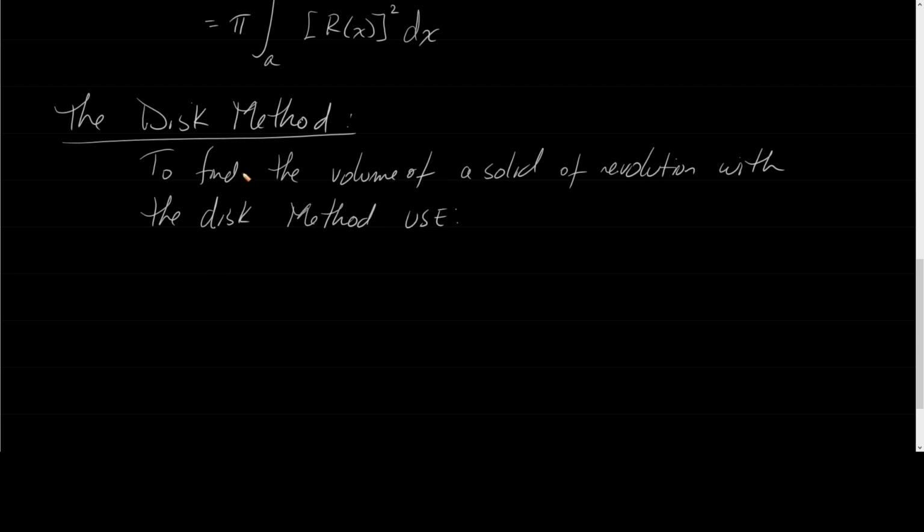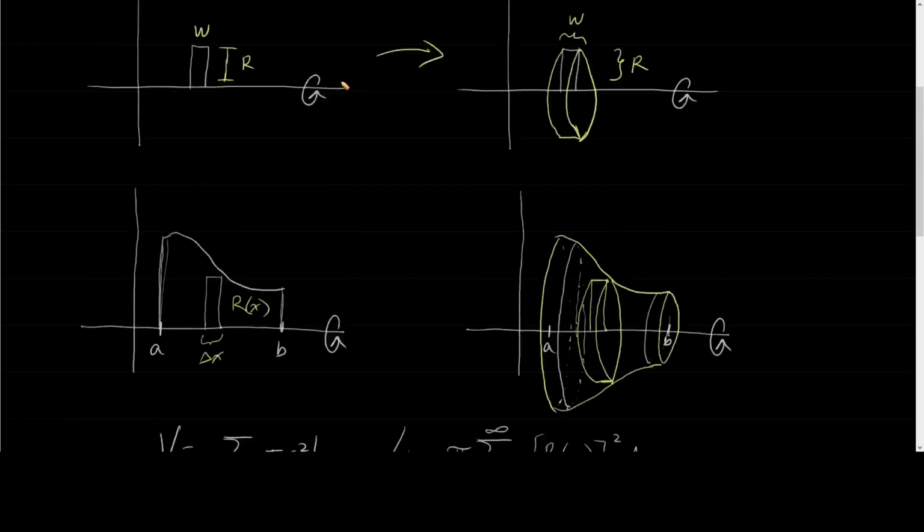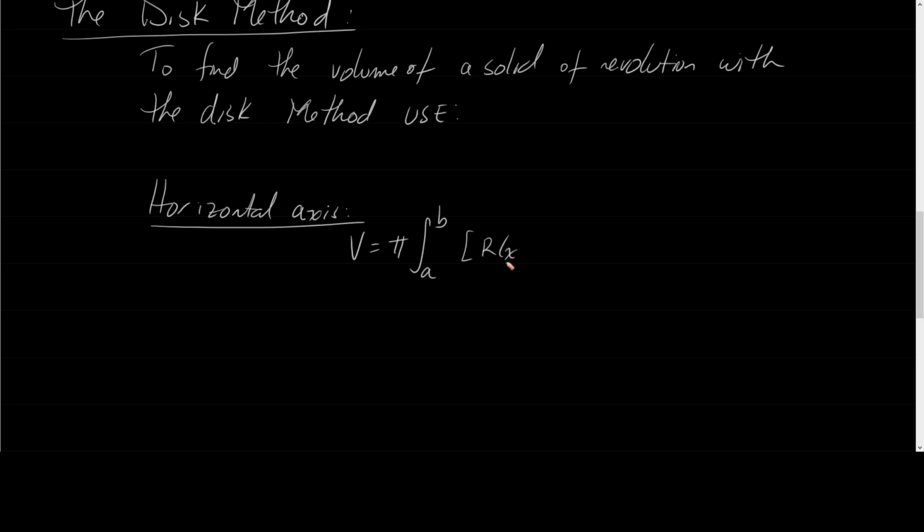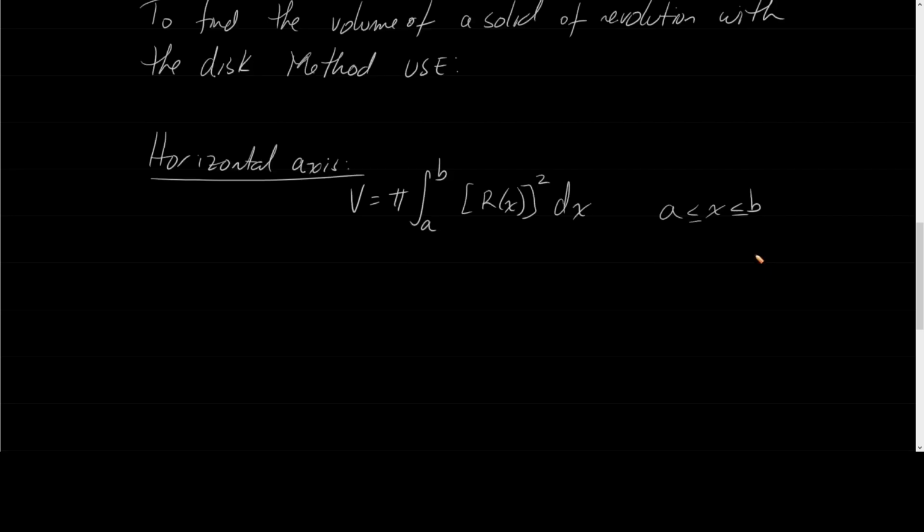If we're rotating about a horizontal axis, which is what this explanation was, we're going to say that the volume is equal to pi integral from a to b of our radius with respect to x squared dx. This is assuming that our region is bounded between a and b. So that's for a horizontal axis.